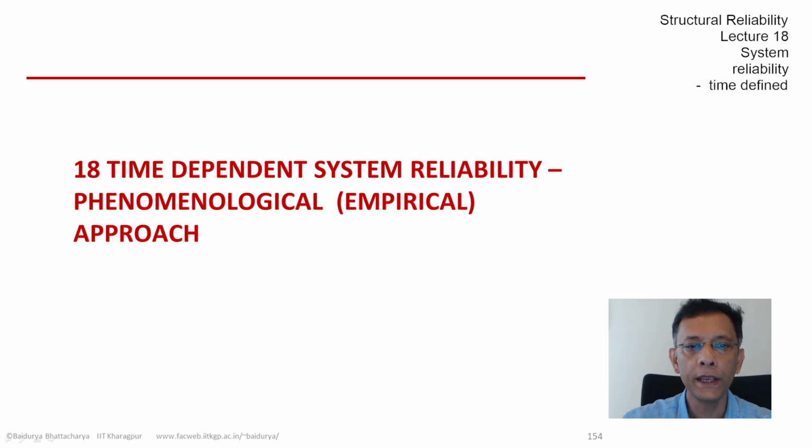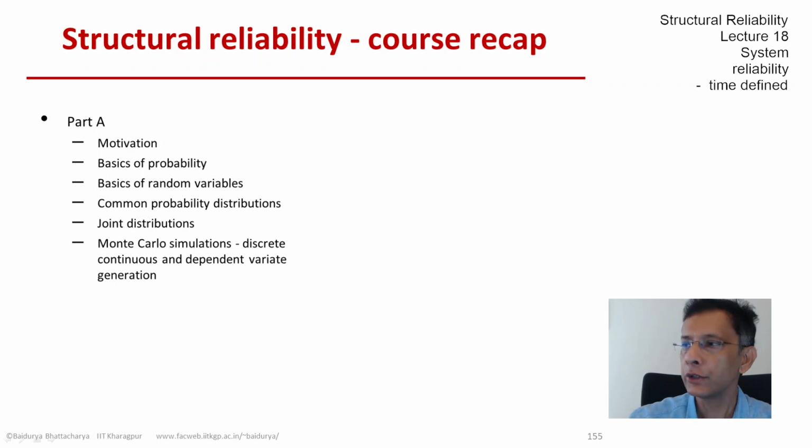Today we have the last lecture of part B of the course. So let's recap how far we have come and what we are going to do today. Part A had to do with the basics of the course. We discussed why we are taking up this subject, the basics of probability, the basics of random variables, distributions.